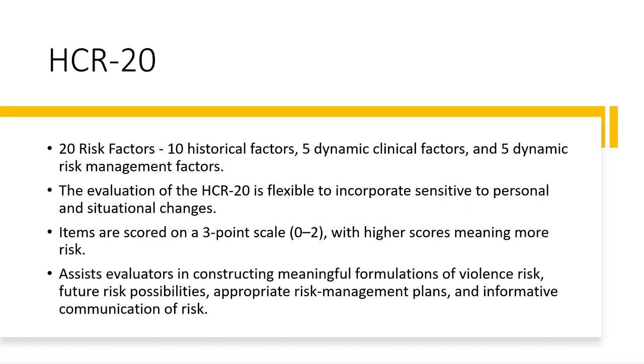Items are scored on a 3-point scale, with points assigned as 0, 1, or 2, with high scores meaning more risk. It assists evaluators in constructing meaningful formulations of violence risk, future possibilities, appropriate risk management plans, and informative communications of risk.